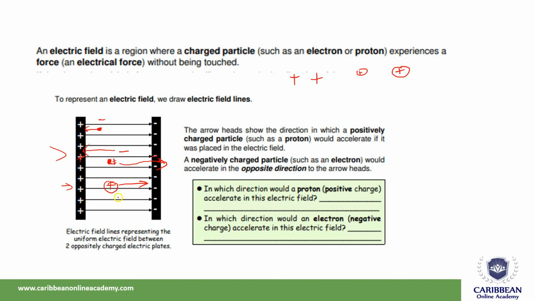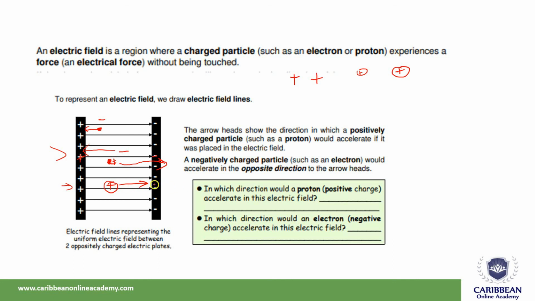So just remember that like charge repels and opposite charge attracts. So if you have a positive charge, it's going to move towards the negative plate because the negative plate would attract the positive.